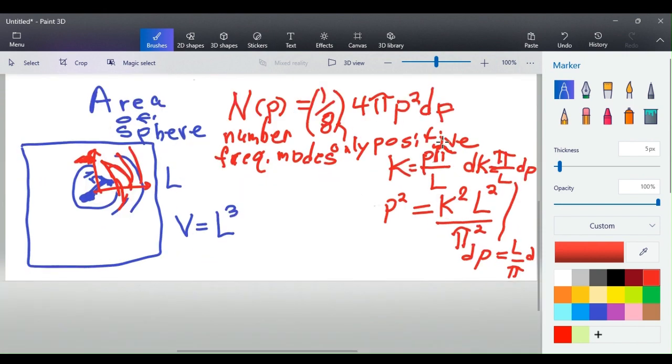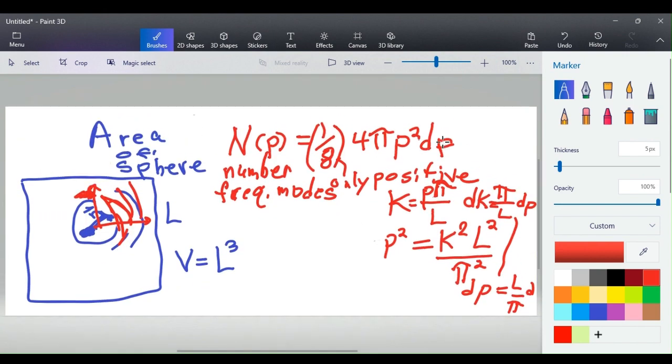I just ran out of space, and my board got a little bit run out of space here. That's going to be a dk. All right, can we make sense of this? Probably not. Let me get the eraser and let's start fixing stuff here as we go.